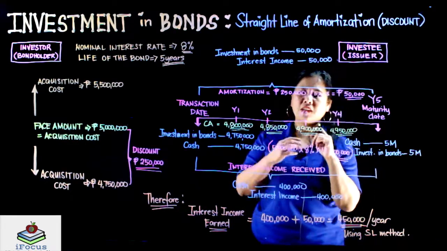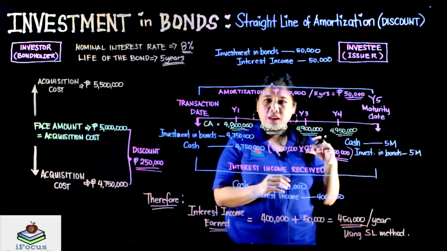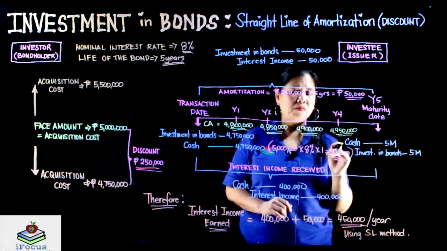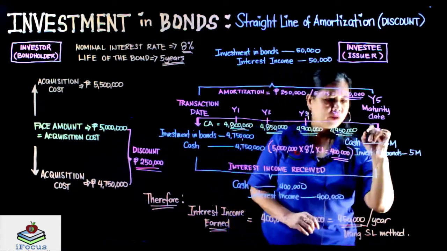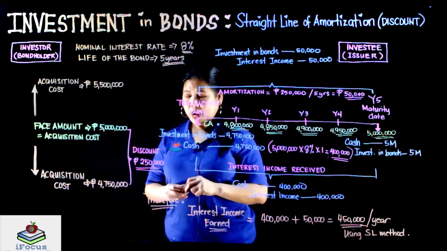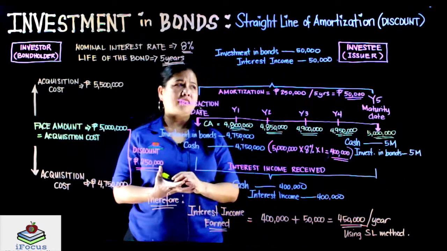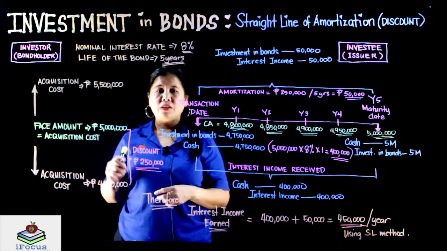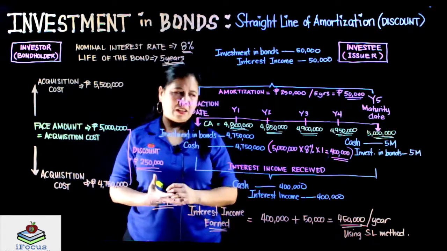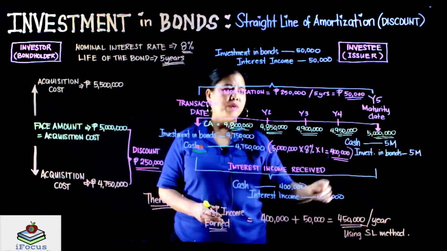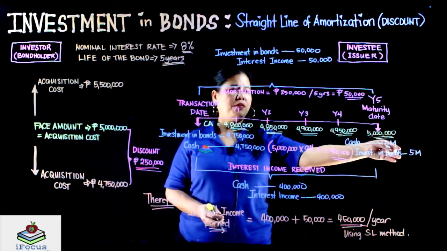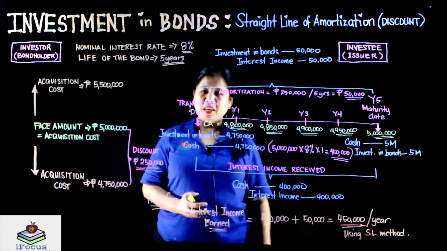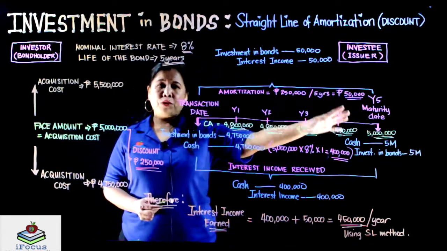At syempre, pagdating ng year 5, which is the maturity date na ng ating bonds, magiging 5 million na siya. Then, nung tinanggap ni investor ang bayad ni investee sa bonds na yan at face amount, ang kanyang magiging entry is debit to cash of 5 million and credit to investment in bonds of 5 million. Yan na ang carrying amount at maturity date.